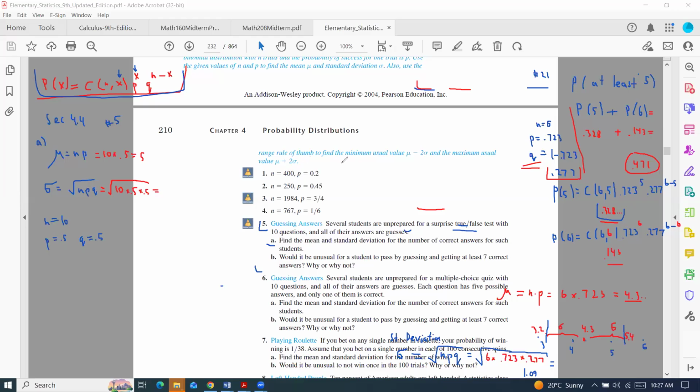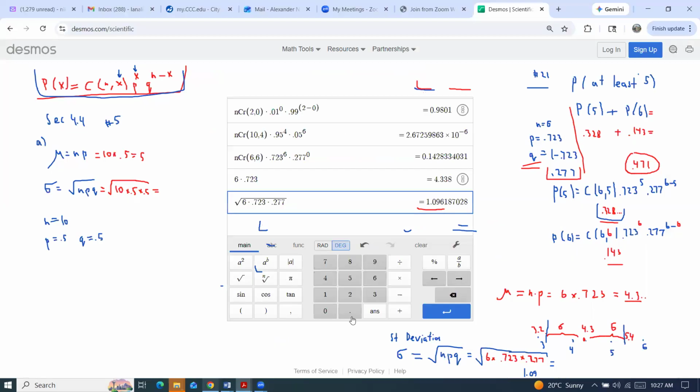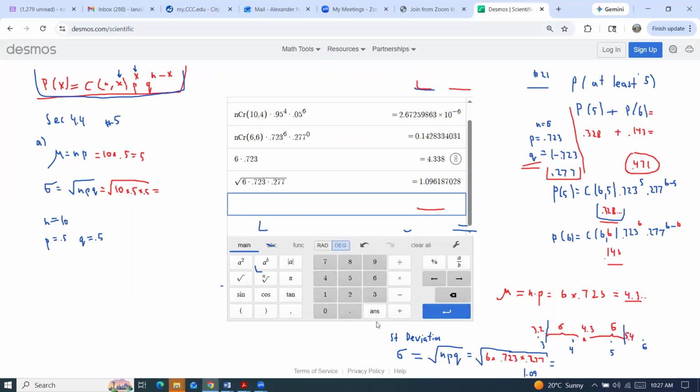Well, looks like I may need to use a calculator here. Let me get to my calculator. Square root, right?